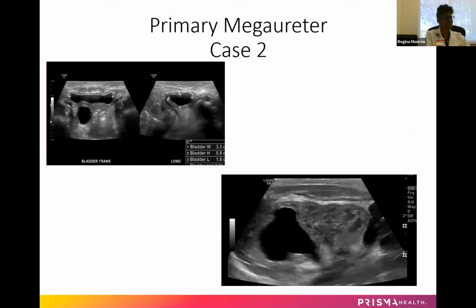The next case is a male baby who was identified prenatally, again with a similar picture, but again, no infection. Dilated megaureter behind the bladder, the ultrasound renal portion demonstrating a dilated upper pole and a normal lower pole.